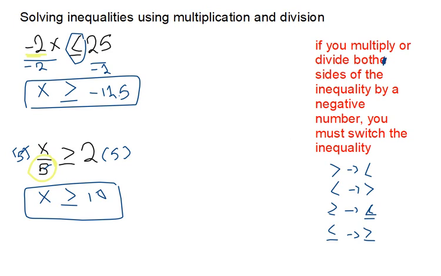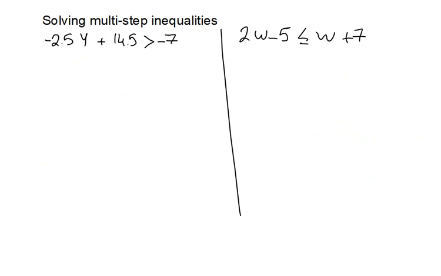Okay, so let's look at a multi-step equation or inequality. So 2.5y plus 14.5 is greater than negative 7. The first thing we can do here is to get rid of this 14.5. So it's added, so what we need to do is subtract 14.5 from both sides.